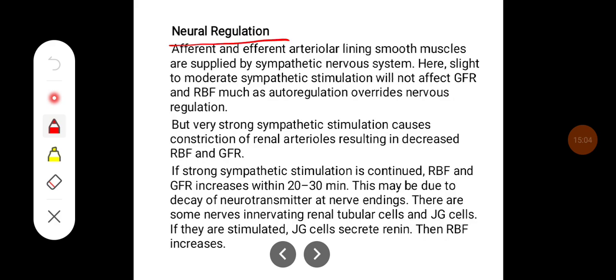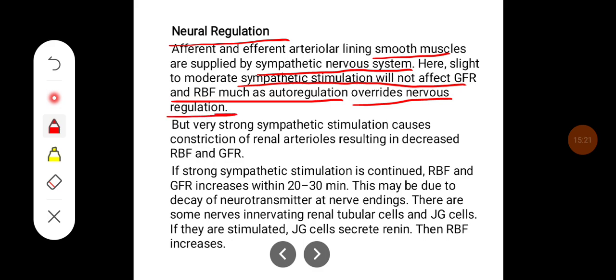Neural regulation. Afferent and efferent arteriole lining smooth muscles are supplied by the sympathetic nervous system. Here, slight to moderate sympathetic stimulation will not affect GFR and renal blood flow much, as autoregulation overrides the nervous regulation.